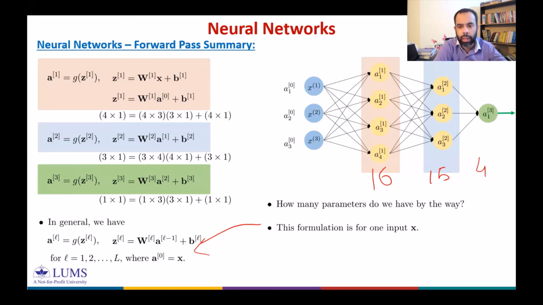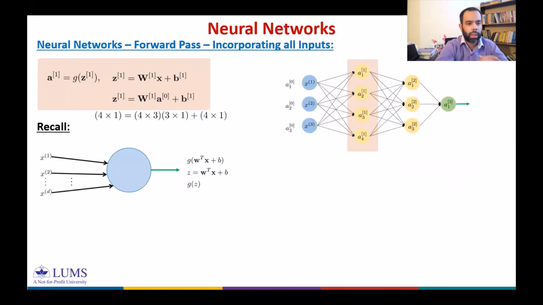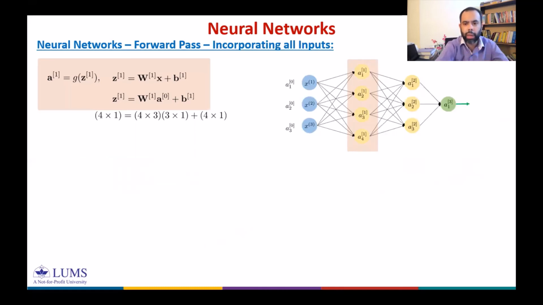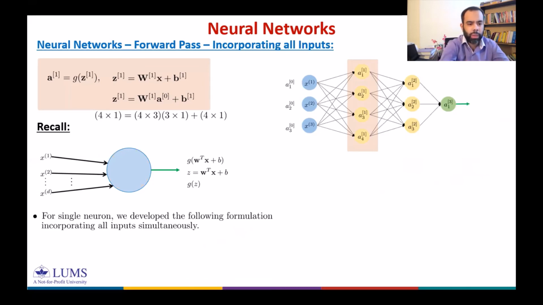How can we extend this formulation for a stack of inputs, say for n inputs? Okay, let's build this. So we know that this is for the first layer, and if you recall, when we defined this neuron earlier in the video, we said this is the output for a single input.